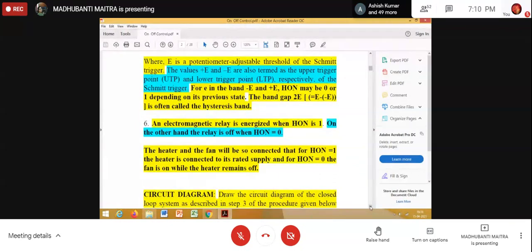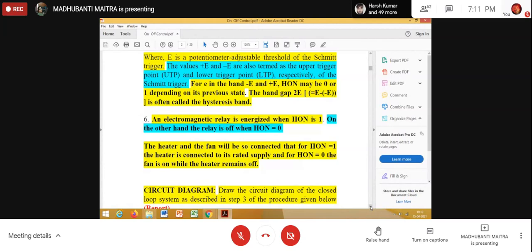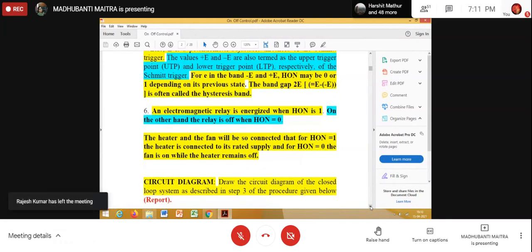Now we'll be using an electromagnetic relay. Have you studied the electromagnetic relay? I think it's in this semester. Okay, so an electromagnetic relay basically has an electromagnet. If the supply is given to the electromagnet, current flows through the coil of the electromagnet.